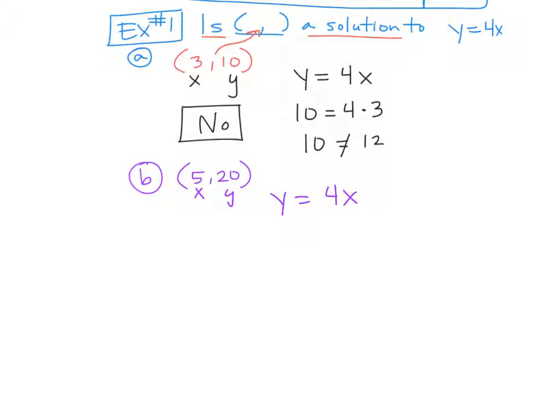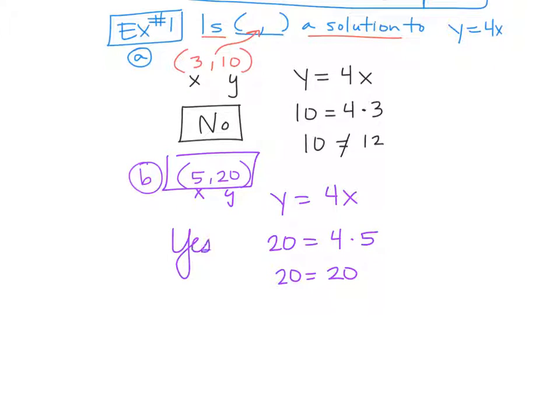So if I plug those in, what's my new equation going to look like with numbers plugged in? 20 equals 4 times my x value, which is 5. So I get 20 equals 20. Is that a solution to that equation? Yes, your answer would be yes. That is a solution. So if they come out equal, it is a solution.